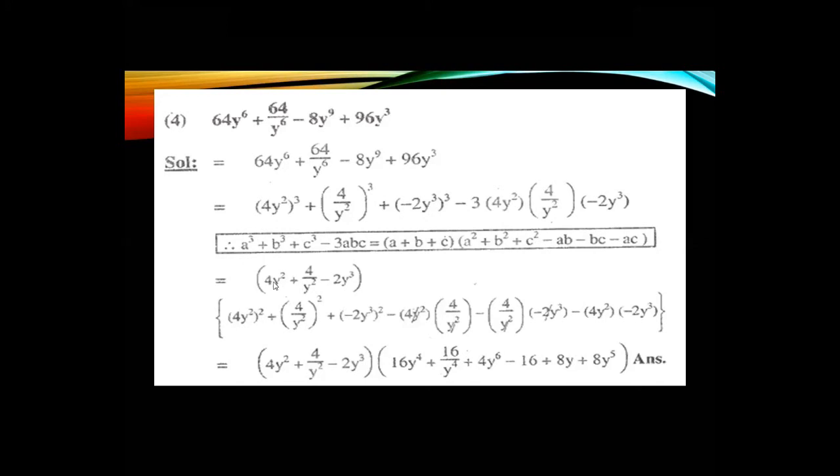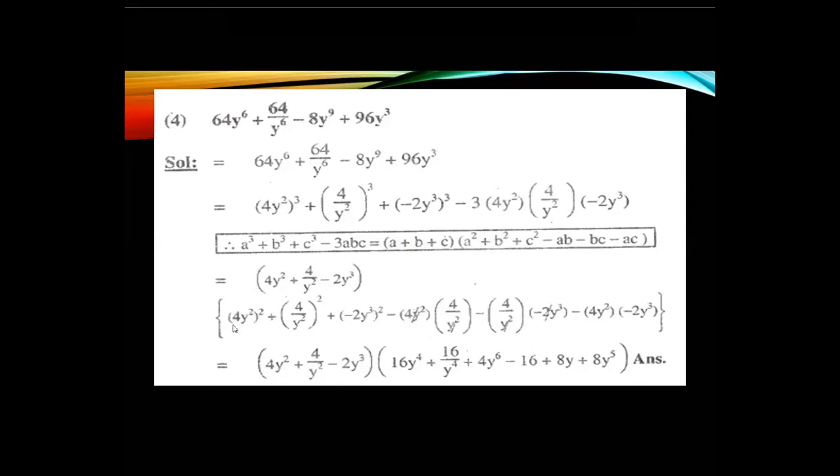Okay. Now, this is first a plus b plus c. Because c is minus, so plus minus, minus 2y cube. Instead of a, put 4y square, plus instead of b, 4 upon y square, and plus minus, minus 2y cube. This is the first bracket.